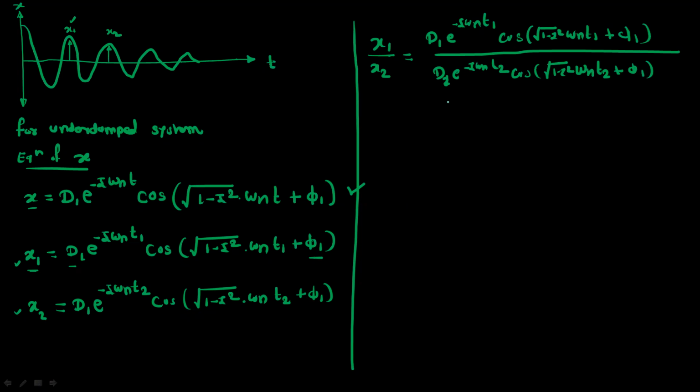Okay. Now this d1 we can cancel out. Now we need to find out the relation between the time t1 and t2.